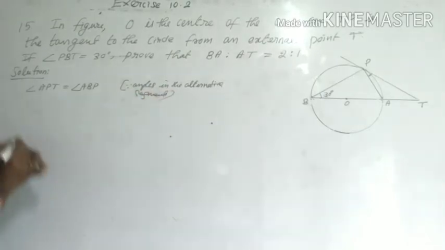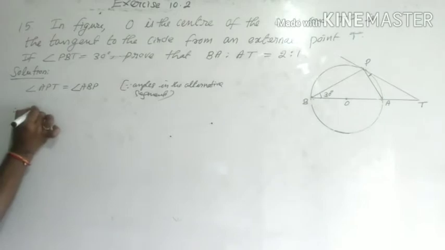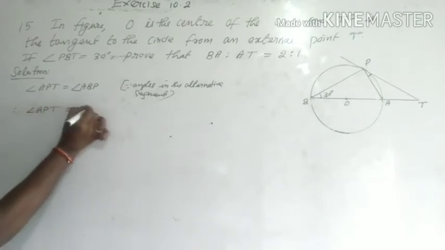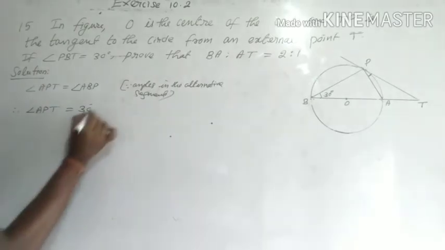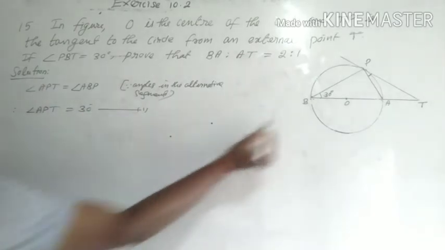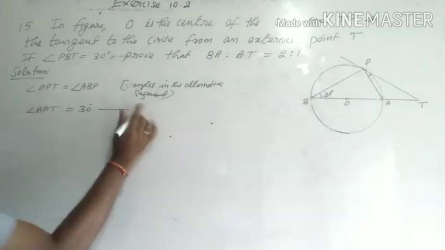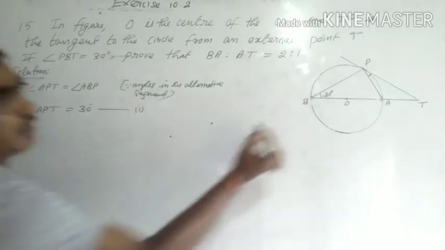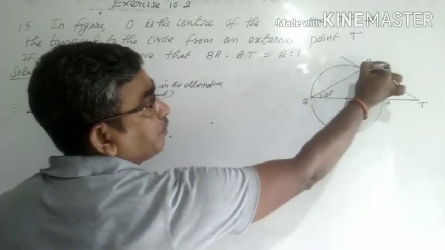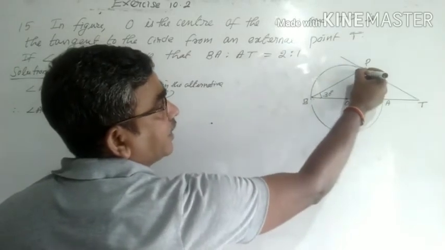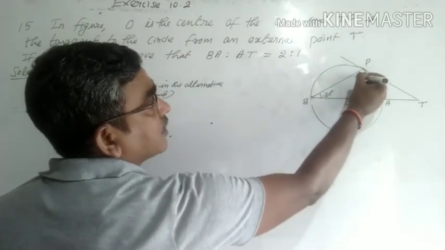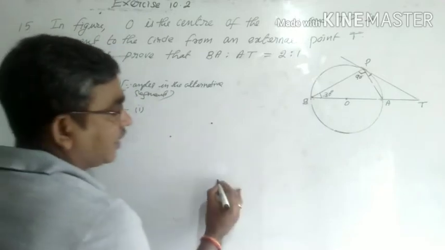Okay, that's great. Therefore, angle APT is equal to 30 degree because it's already given 30 degree. It is equation 1. This angle ABP is given, so 30 degrees. First point. And second point, angle BPA is 90 degree. Why 90 degree? Since angle in a semicircle.